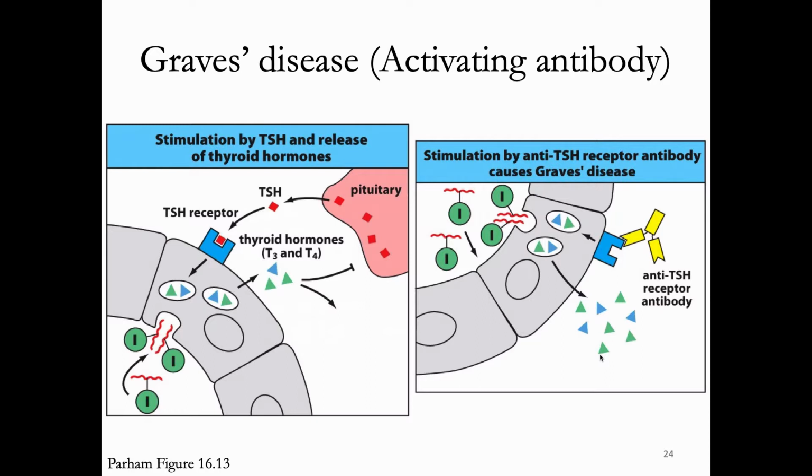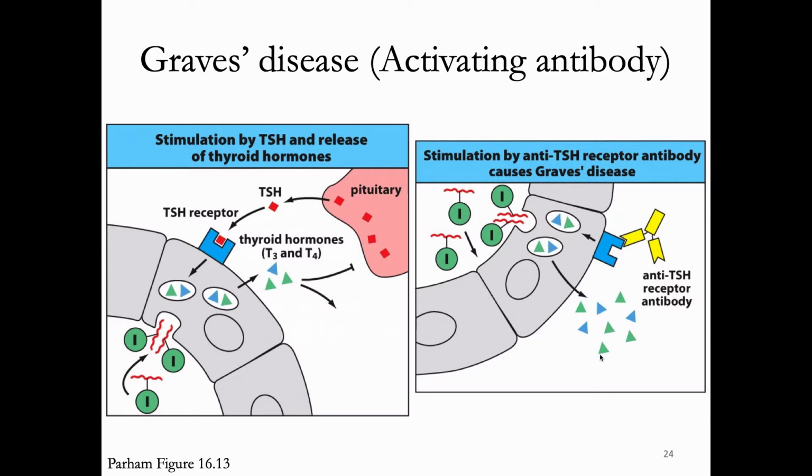And the thyroid is then going to make two different hormones, T3 and T4, that are going to lead to other physiologic changes. In Graves' disease, patients make an antibody that binds to the TSH receptor. And you can see that antibody binding here. This antibody is known as an activating antibody.